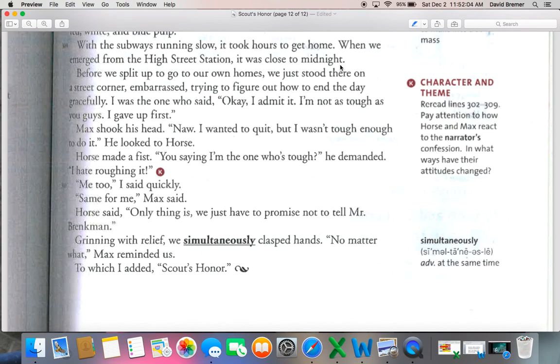A lot of you are losing points because you're not restating questions. Give a full answer and then give detail from the story, not detail from your mind. Make sure you can find it in the story. And it really goes a long way if you can say, hey, like on line 300 to 305, they said this. So that does help a ton on your writing. So good luck, and this will be due on Friday.